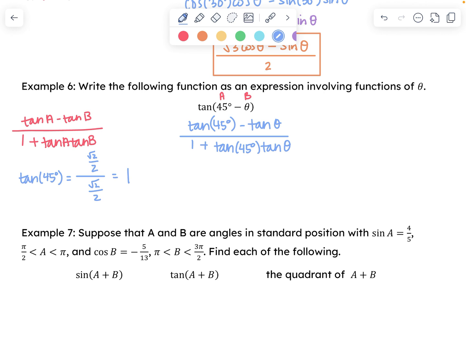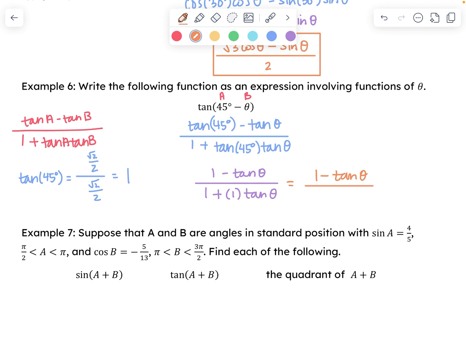So I'm going to have 1 minus tangent theta over 1 plus 1 times tangent theta, which is just 1 minus tangent theta over 1 plus tangent theta, because 1 times tangent theta is just tangent theta.